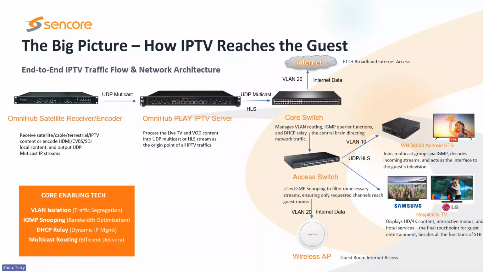But with IGMP query and IGMP snooping enabled in the switch, all the content is properly managed, and only when a terminal requests a designated multicast IP stream will it be transmitted to that port.